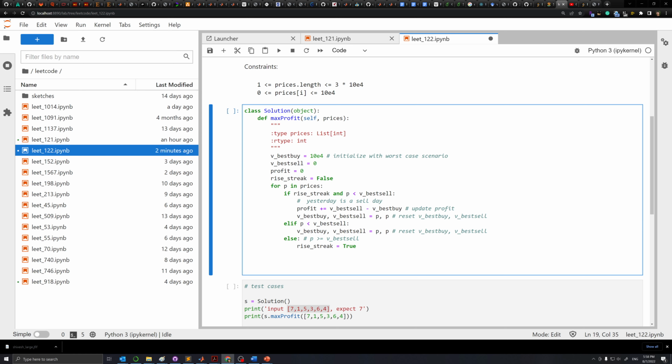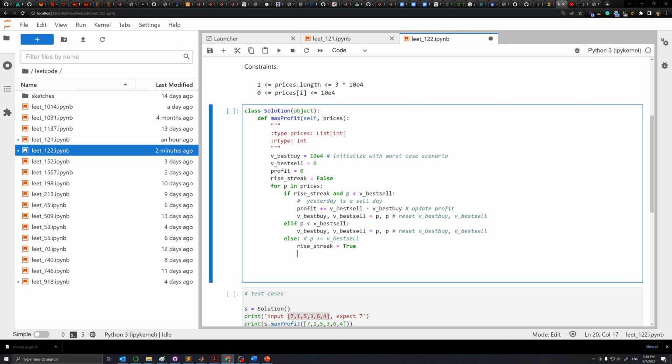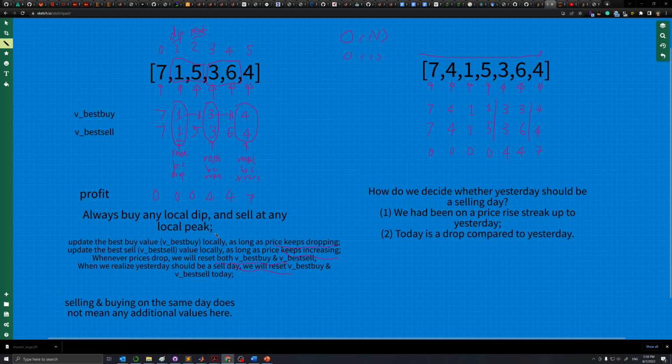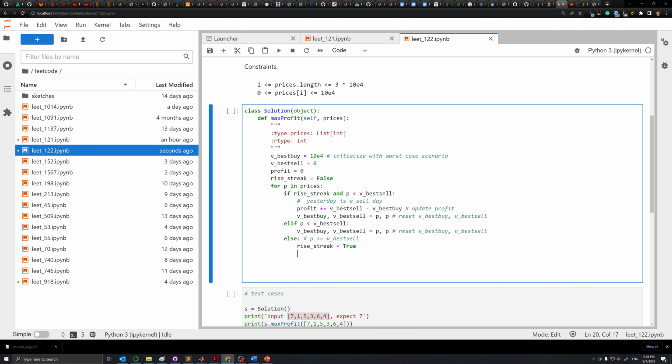First, update this, right? And what else do we need to update? If it keeps increasing, we're going to update the best sell value. When we're increasing the price, we update the best sell value. We don't update anything else. It's going to be P. This is how you update it.